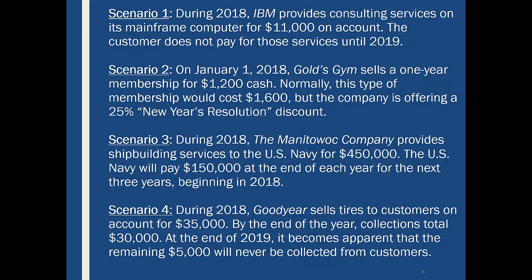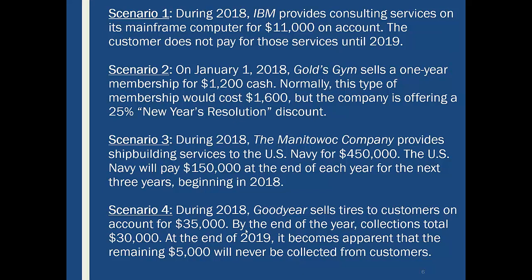During 2018, Goodyear sells tires to customers on account, and by the end of the year, the collections total $30,000. At the end of 2019, it becomes apparent that the remaining $5,000 will never be collected. And that's when we're going to get into some of the other topics in this chapter about what do I do when people don't pay me and I need to write those things off. Okay, so that's what we're going to do here.